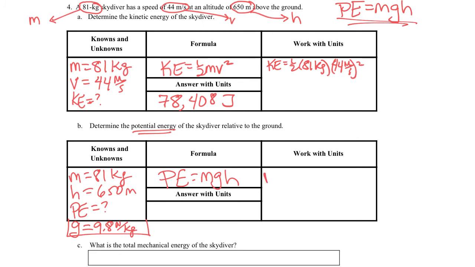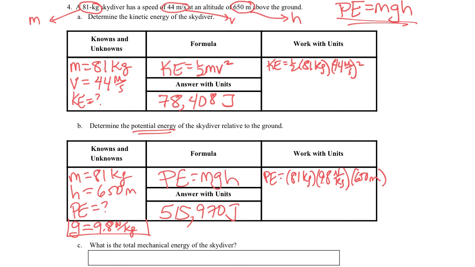So my mass is 81 kilograms, g is 9.8 newtons per kilogram, and the height is 650 meters. When we put that in our calculator, we get 515,970 joules. My goodness, that is a lot of joules.